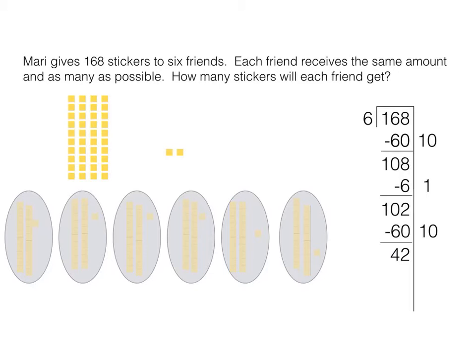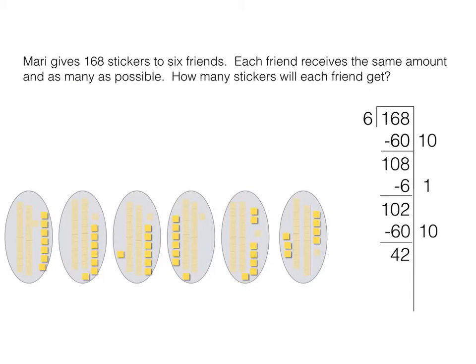And at this point, students would probably take these and just sort of deal them out one at a time into each of these 6 groups. So by the time they fair share and deal out those individuals, they would have 7 small pieces given to each student.